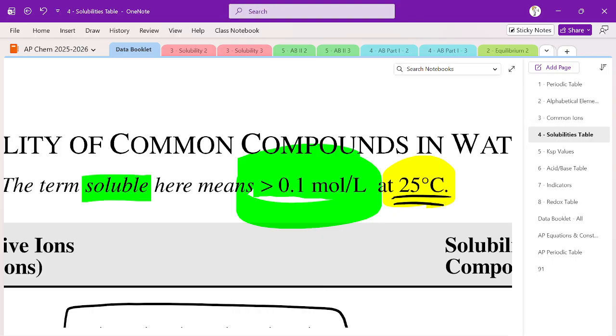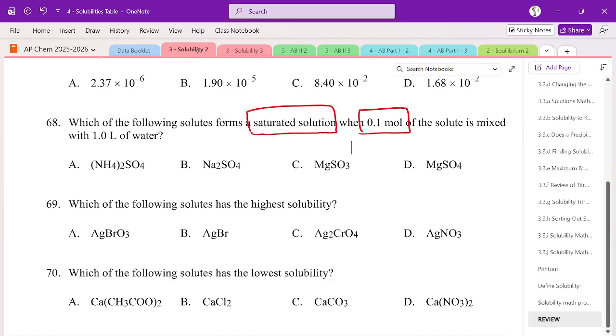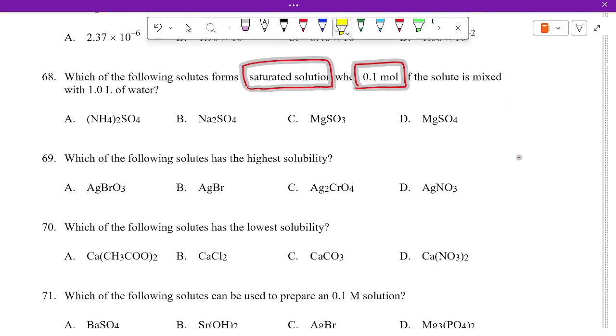So we are looking for something that is low solubility because it will be saturated at 0.1 moles. So if we go back here, NH4 plus is always soluble. Na is always soluble. And so it's neither of these ones, because if we're getting a saturated solution at 0.1, then it needs to be low solubility.